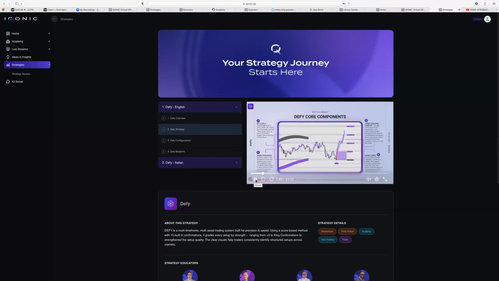We went through this in our previous training, but just to give you a brush up, the 4 DeFi core components are built on the key levels, the prediction bands, the trend tracking candles, and also the scorecards. Okay, so I think this might be it. So this is what we'll come in and have a look at as well.